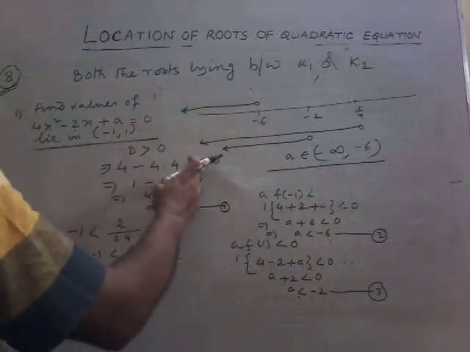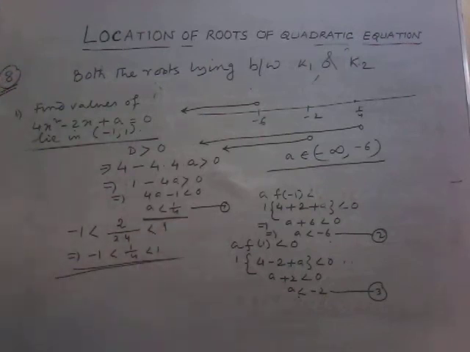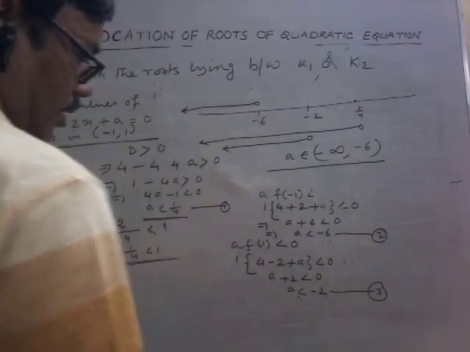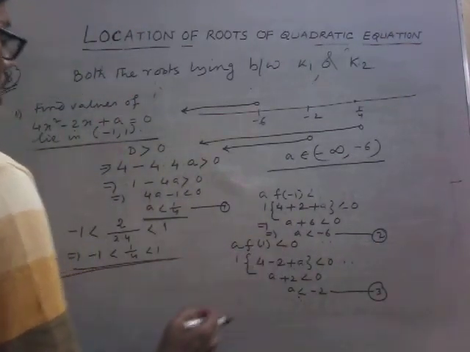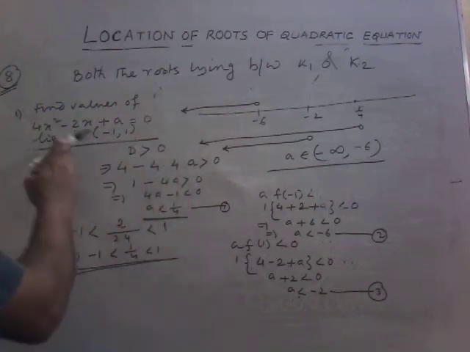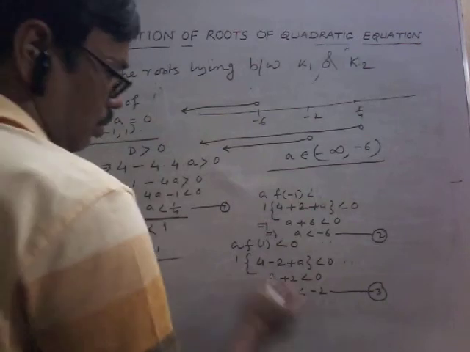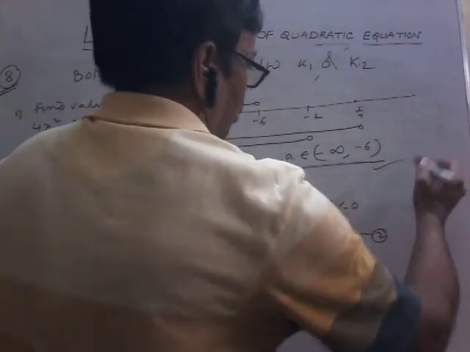So this is greater than 0, so a less than 1 by 4. So a into f1, a less than minus 6. This is a into f1. What is f1? f1 is 4 minus 2 plus a plus 2. So if we take the common value, we get this one.